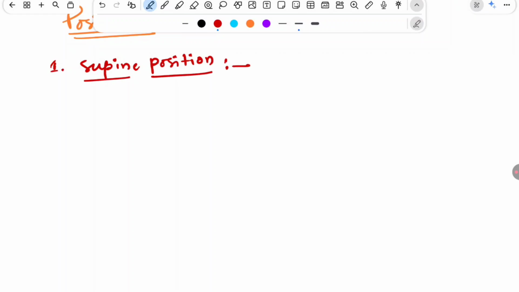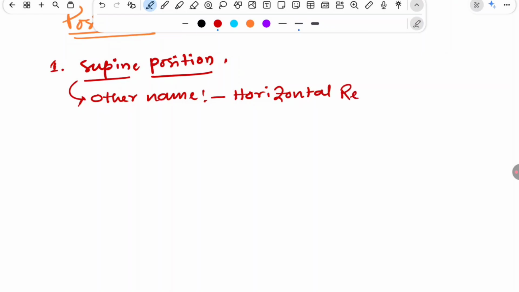Supine position, the other name we can write. Other name is horizontal position, horizontal recumbent position, or dorsal position.